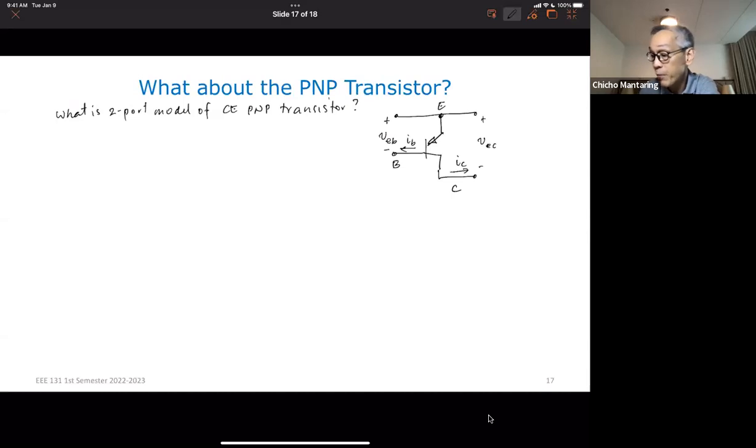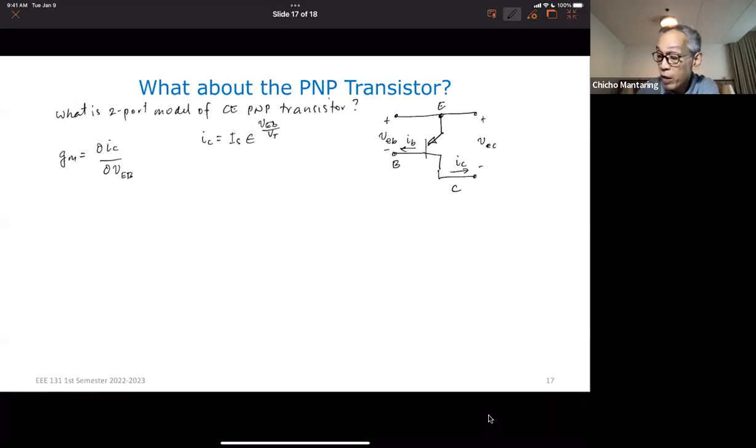Otherwise, our formulas are the same. For example, g_m is equal to the partial of I_C with respect to V_EB. So imbes na with respect to V_BE, this is with respect to V_EB. Where the formula now for I_C is equal to, neglecting early effect, and assuming nominal values of V_EB, I_S e to the V_EB over V_T.